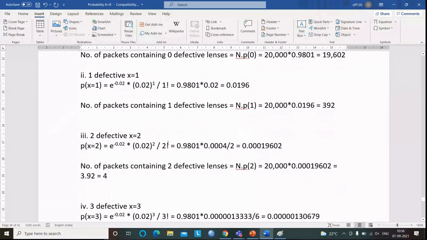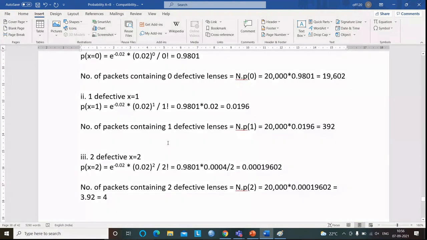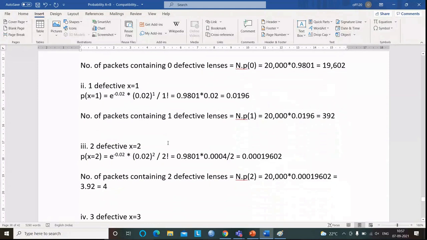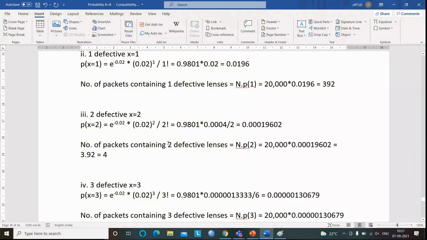Out of these, we have got all different answers, and there might be packets which contain 4 defective lenses. That means the remaining 2 packets. We have got 0 defective, 1 defective, 2 defective, as well as 3 defective lenses. So there are 2 packets left out as of now, because out of 20,000 we have got 19,998 only.